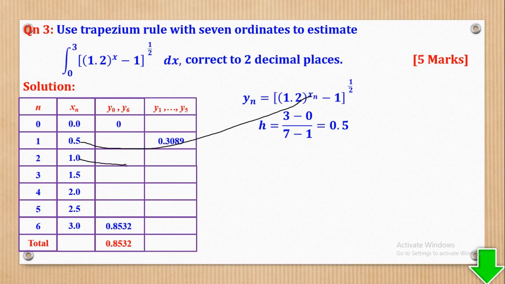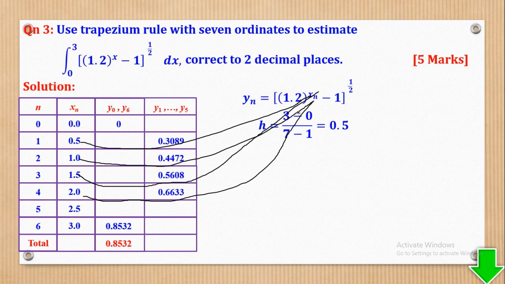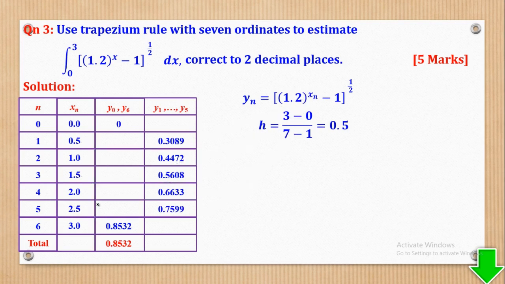Then when I put x equal to 1, I'll come up with 0.4472. When I put x equal to 1.5 here, I'll come up with 0.5608. When I put x equal to 2.0 here, I'll come up with 0.6633. And when I put 2.5 there, I'll come up with 0.7599. We stop there because those are the intermediate values.